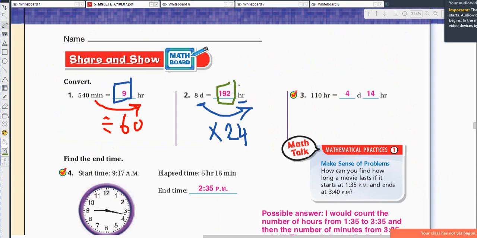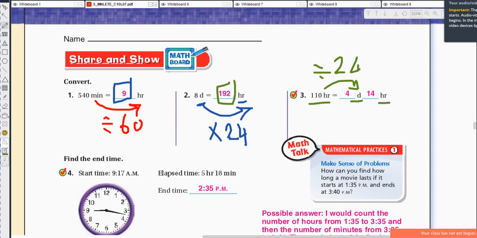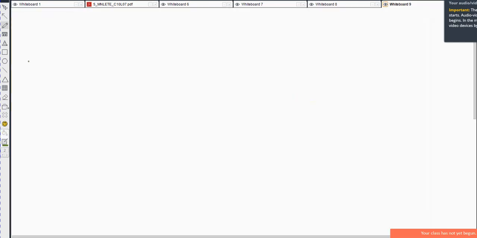Like that. Okay, the next one, 110 hours equal how many days and how many hours? So we are converting from hours to days. So we are going to divide because small to big, divide. Divide by what? Divide by 24. So let's divide it by 24. 110 divided by 24.